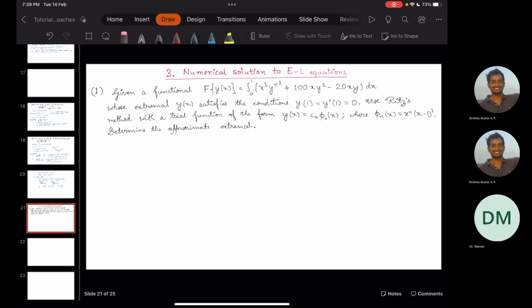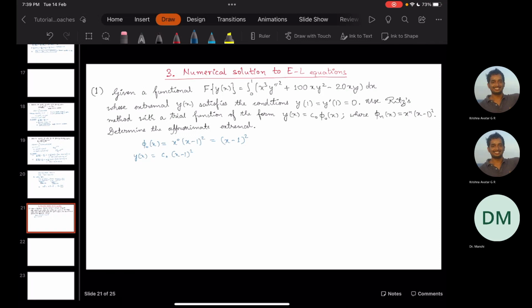Let me first write our phi naught here. So phi naught of x is x to the power naught into (x minus 1) whole squared. Now let's check whether it really satisfies the conditions. So our y of x will be c naught (x minus 1) whole squared. When we put x is equal to 1, we have y(1) is equal to 0, which satisfies the first condition.